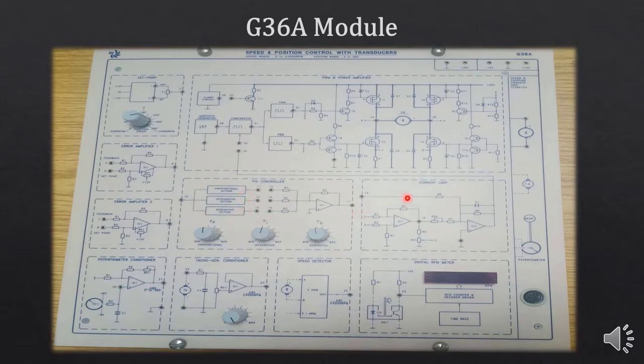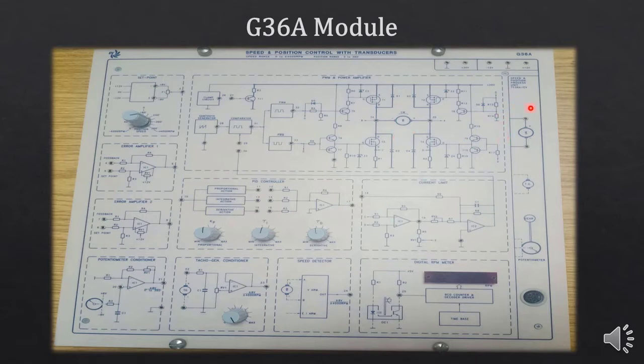Next we have a current limiter block which is used for the protection of the circuit. If there is excessive current in the circuit, it will just limit the current. This is the PWM power amplifier block from which you can drive your motor. You can see here there are 4 MOSFETs in the H-bridge configuration for driving the motor.